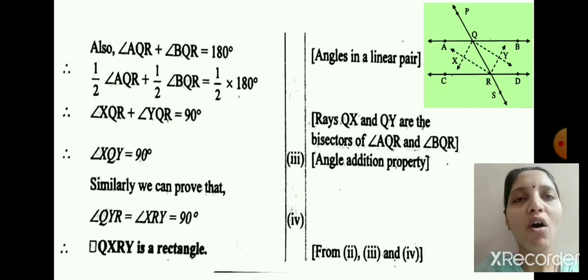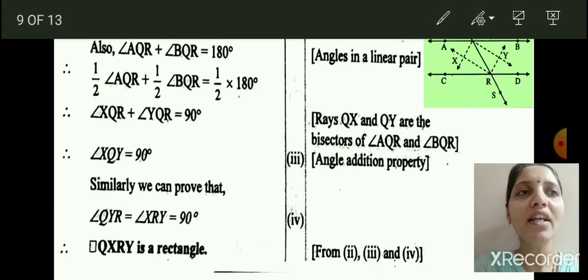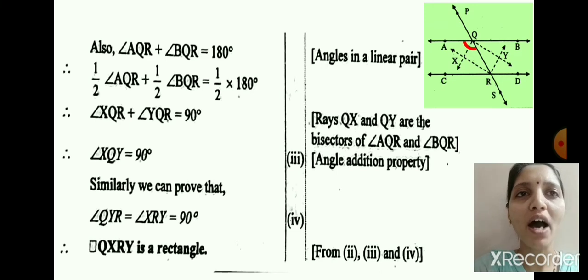Now, also we can show that angle AQR plus angle BQR is equal to 180 degrees. Why are these two angles 180 degrees? Because they are angles in a linear pair, so their addition must be 180 degrees. Again here you have to multiply on both sides by 1 upon 2. So what will you get here? Half of angle AQR plus half of angle BQR is equal to 1 upon 2 into 180 degrees.